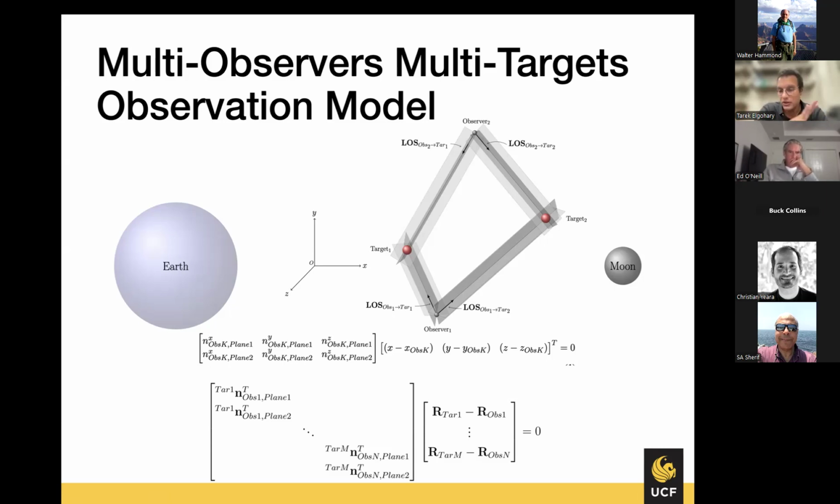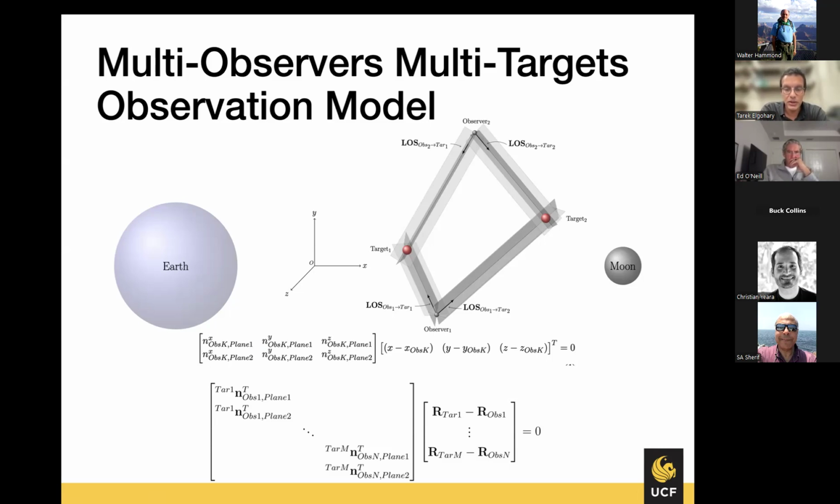But this one is only looking at targets. The other thing is we're doing this in an inertial frame. In this sense, the inertial frame is the rotating frame or the synodic frame, which is attached to the Earth and the Moon, and the whole system is rotating in this cislunar domain.